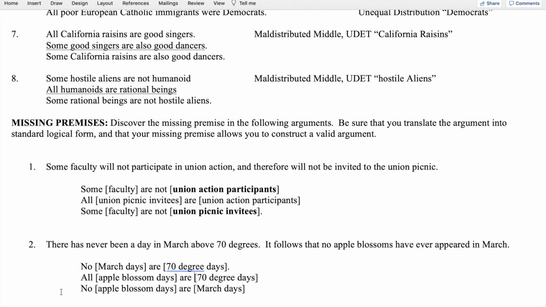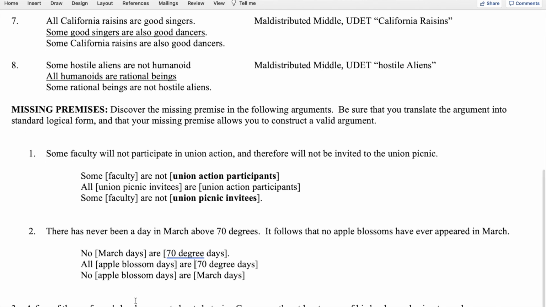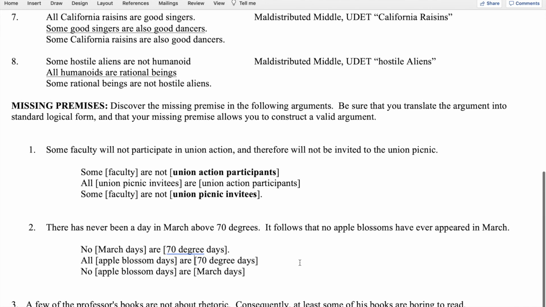And then I have apple blossoms distributed twice, both times as subjects of a universal. And so this syllogism now passes all the rules and is valid. And we've generated the missing premise, all apple blossom days are 70-degree days.